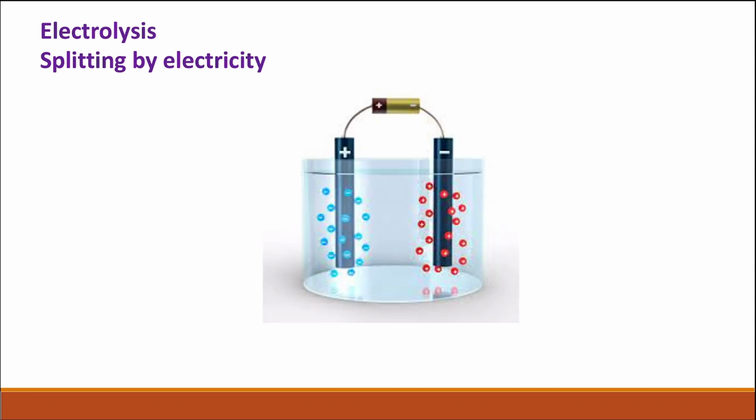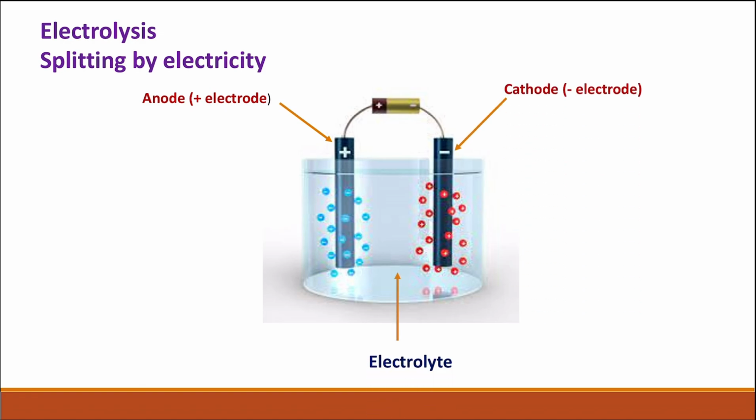In electrolysis, you're going to have an anode, which is a positive electrode, and a cathode, which is a negative electrode, and you're going to have an electrolyte, and both electrodes will be immersed in the electrolyte. The electrolyte can either be a molten ionic compound or an ionic compound dissolved in a solvent.